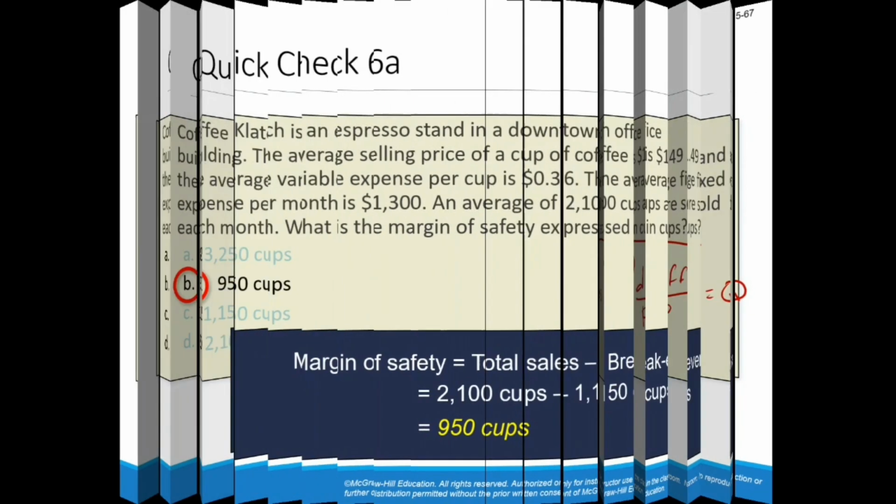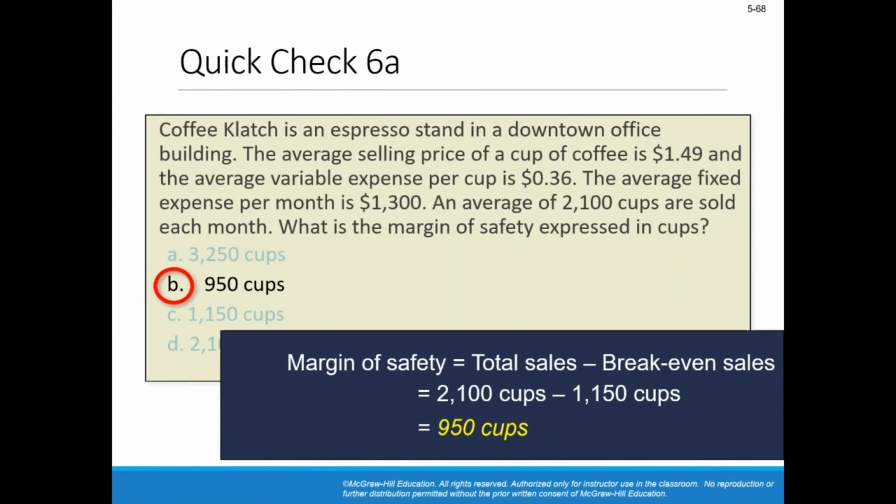So margin of safety is total sales minus break-even sales; they translated them into cups. So currently we are selling 2,100 cups. This is given. We computed the break-even sales in terms of cups, and therefore your margin of safety is 950 cups.